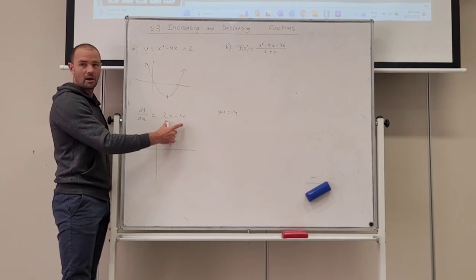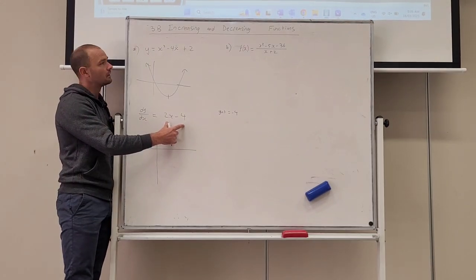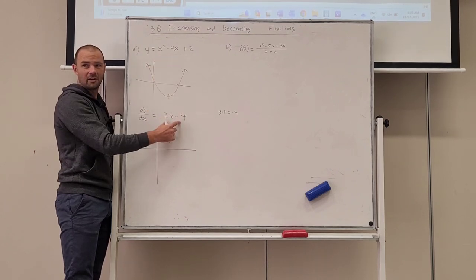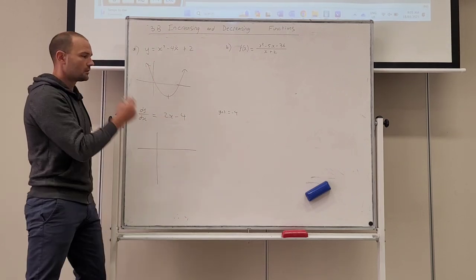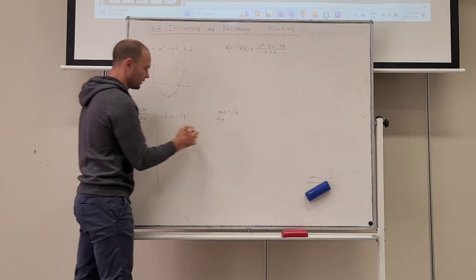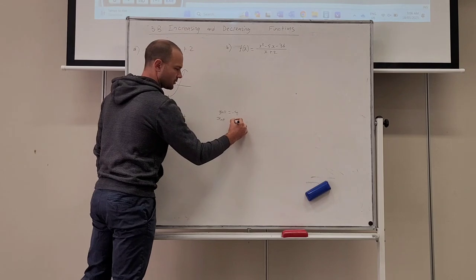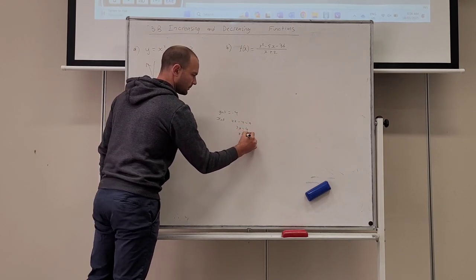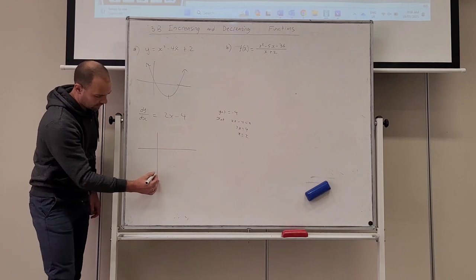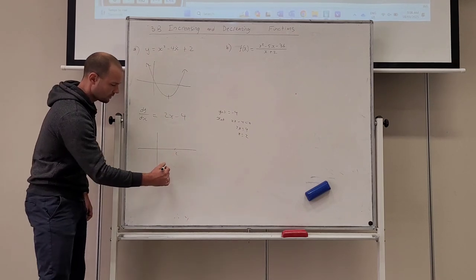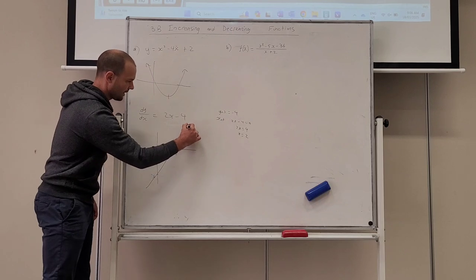The y-intercept of the line is -4, not the quadratic, the line. And the x-intercept occurs when the y value is 0. So it's when 2x take 4 equals 0. 2x is 4, x is 2. So the best way to sketch a line is to go, okay, the y-intercept is -4, the x-intercept is +2, so we have a line going through that.